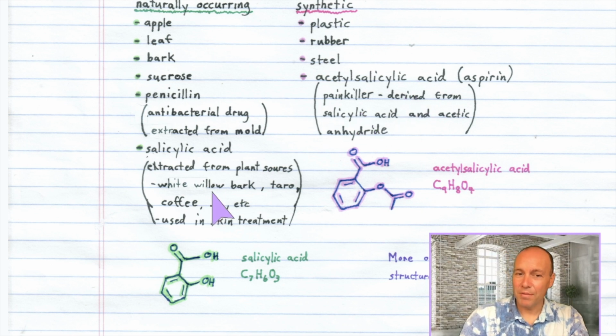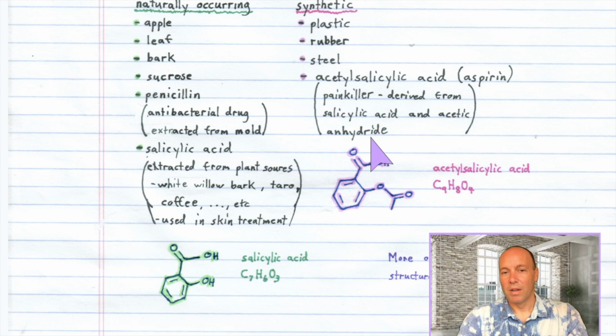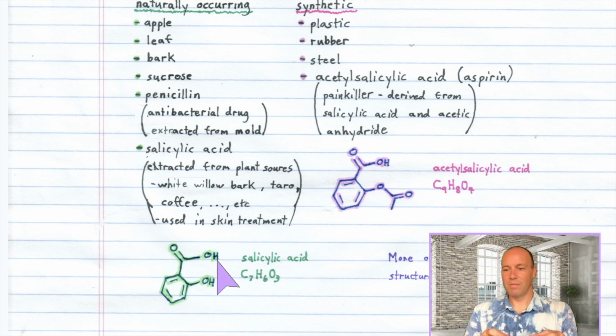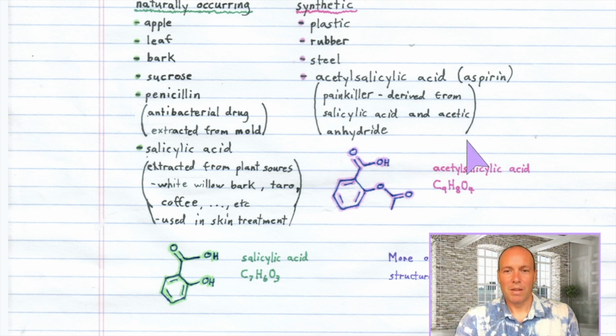So it's derived from that and acetic anhydride, or acetic acid. One way to make aspirin is to simply take salicylic acid and mix it with a little bit of vinegar, and then you can make some of this stuff, acetyl salicylic acid.